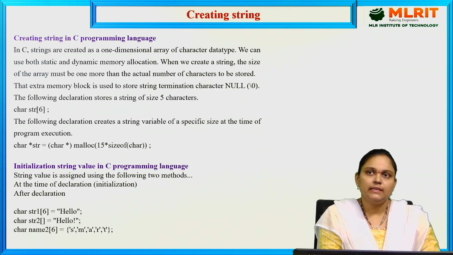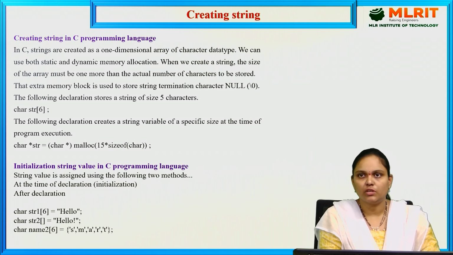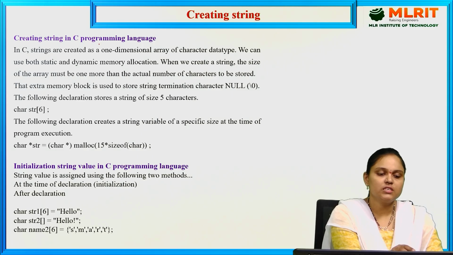Coming to the creation of a string in C programming. Whenever we learn a new concept, we discuss the declaration and initialization of that topic. So here also we need to declare the string, and if we want to give some values, we need to initialize it.